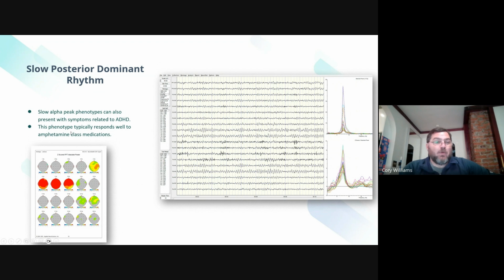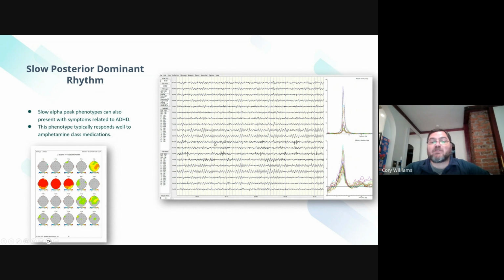So that's where we want to aim if we see somebody who's got a really slow alpha peak. Now, keep in mind, your alpha peak speed, or the peak alpha frequency, does change by age, right? It's slower in kids. It speeds up to about 9 to 10 hertz by the time you're around 10 years old. And it should stay around 10 hertz until you're about 40 or 50, and then it starts to slow down again.